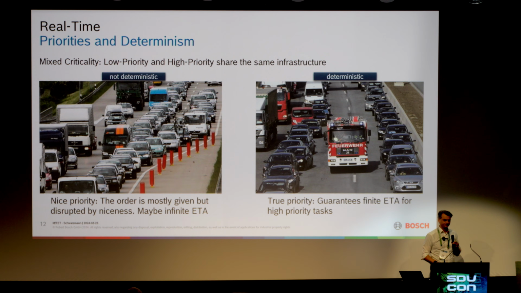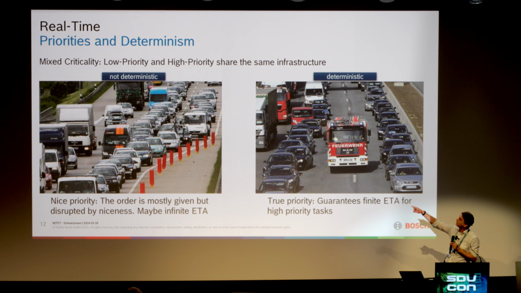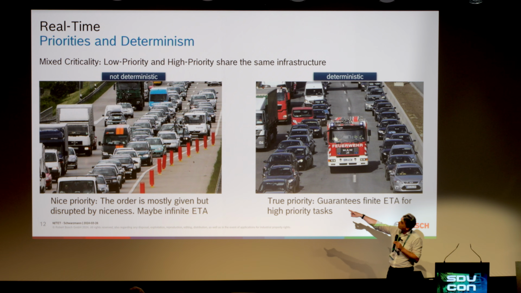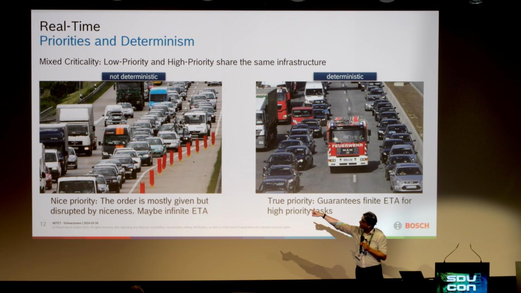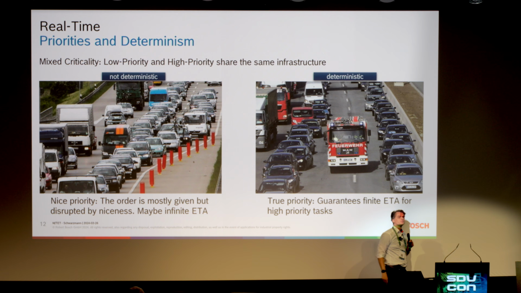Here's an example. On the left, this is what I had this morning. You have lanes merging in a traffic jam. There is a rule, the zipper rule: one car merges after the other. This is not followed perfectly.